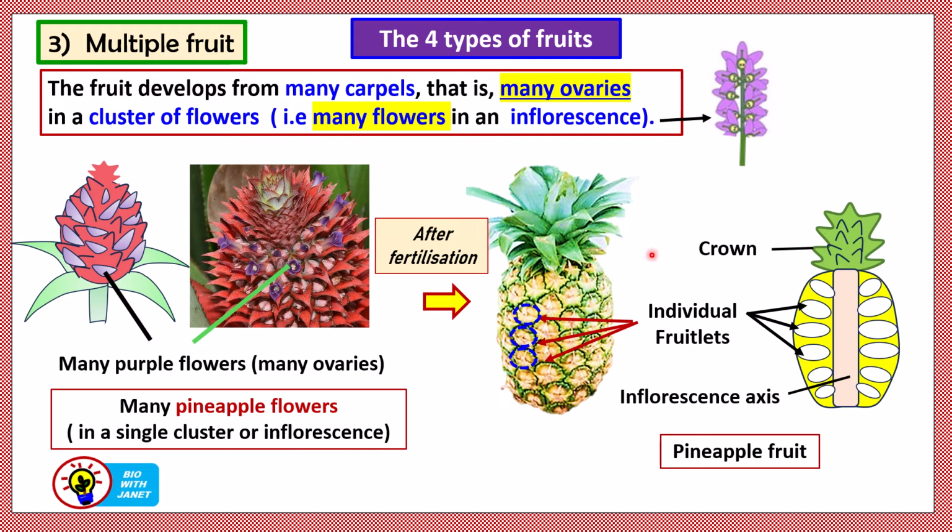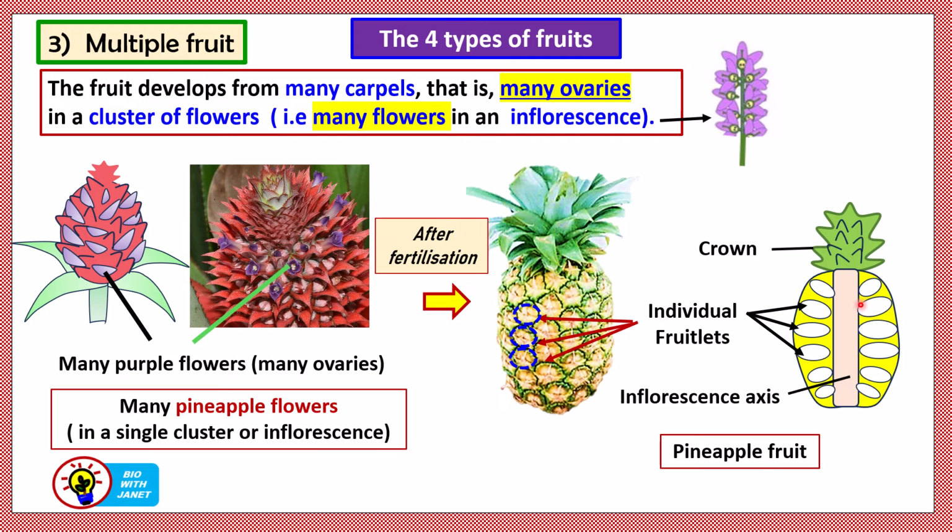Okay, they were attached to the same stalk. The stalk is below here. So the pineapple fruit is made up of individual fruitlets, which are more or less outlined here, that are grouped together. All right, now if you cut through a pineapple, you can see that it's made of many individual fruitlets grouped around the stalk area here.